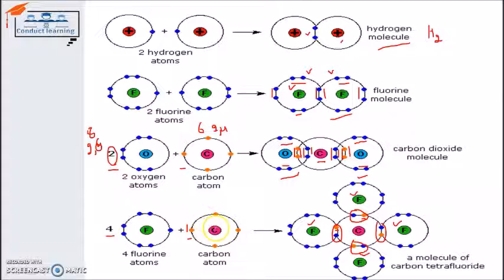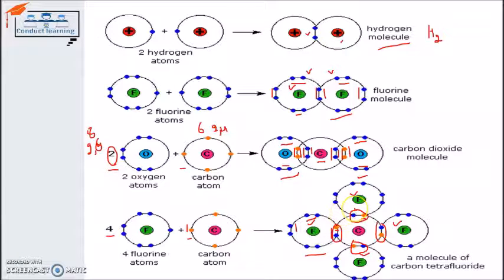The carbon needs 4 electrons to become stable and fluorine needs 1 electron to become stable. So they will share. Now we can see the carbon is surrounded by fluorine atoms. Each fluorine will get 1 electron from carbon to become stable. So now the fluorine has 2, 4, 6 and 8 electrons in its shell.